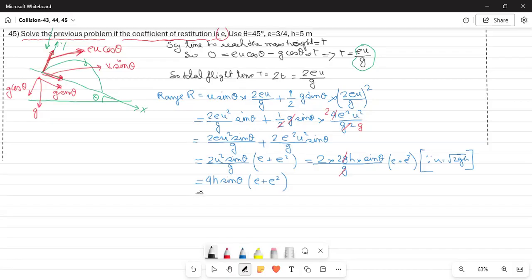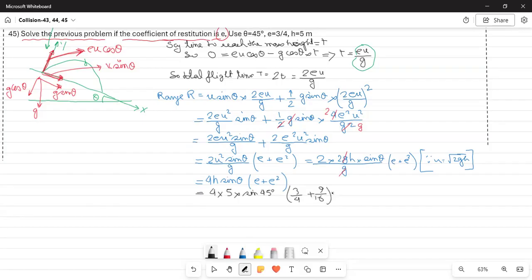Now we put here the values. The values are given: h is 5 meters, theta is 45 degrees, so it is sin 45 degrees. 4 into 5 into sin 45 degrees, and e is given 3 by 4. So 3 by 4 plus 9 by 16.